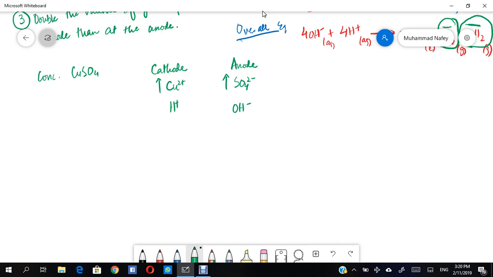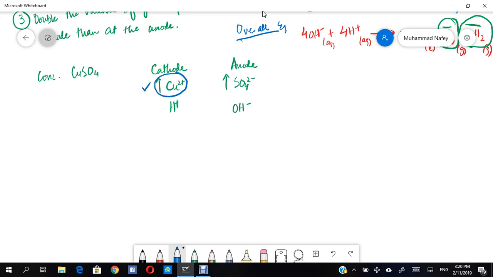Now, according to the rule, the concentrated ion will be discharged if the gap between the competing ions is 3 or less than 3. Therefore, copper will be discharged. Why? Because the gap between hydrogen and copper ions in the reactivity series or electrochemical series is just 1.